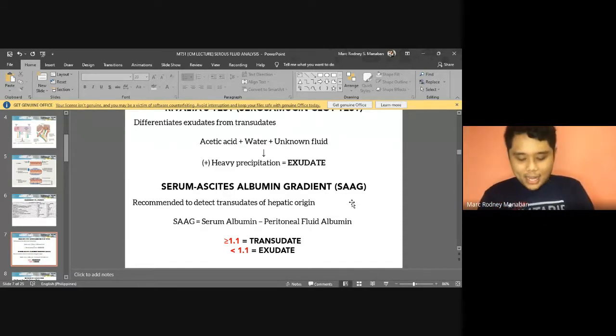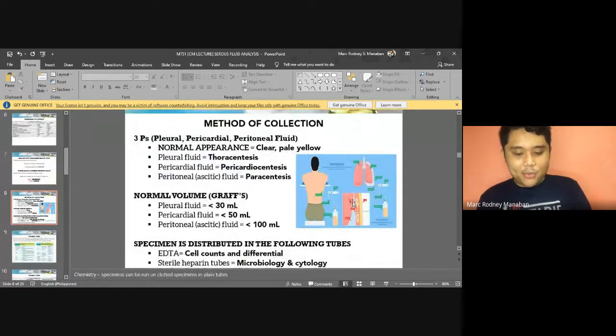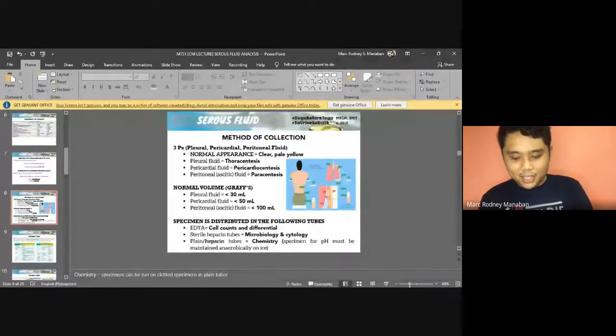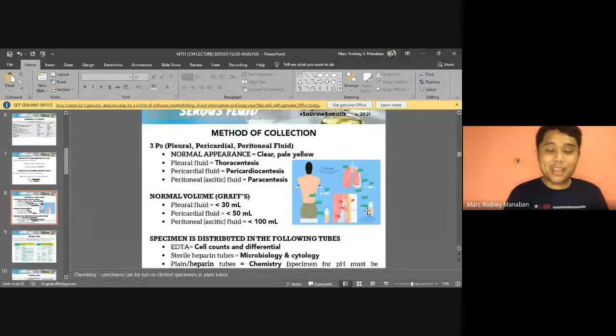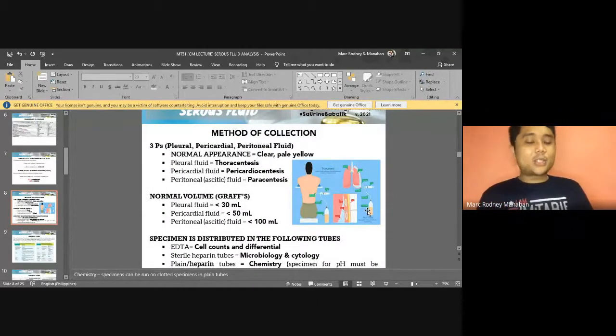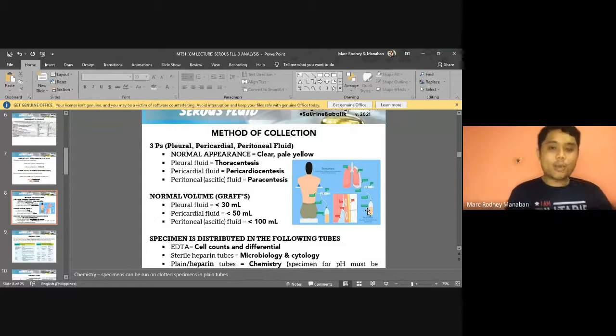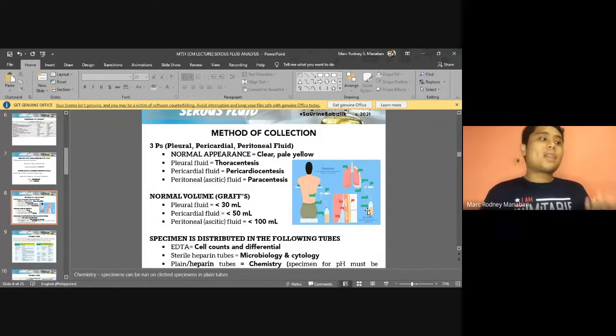Okay? All right. Now we go now to your method of collection. You have the 3 P's, hindi siya 4 P's, charot. Ayan, so 3 P's: pleural, pericardial, and peritoneal. Normal appearance is of course clear, pale, yellow. That's why it's also known as serous fluid because iyang appearance kay murag serum. And iyang concentrations is actually quite similar to serum because it's an ultrafiltrate of plasma in mga serous fluid.